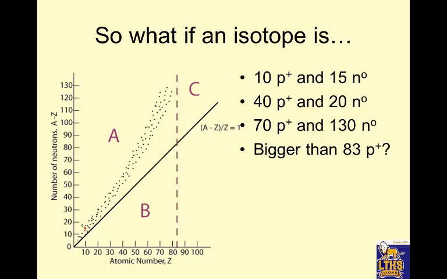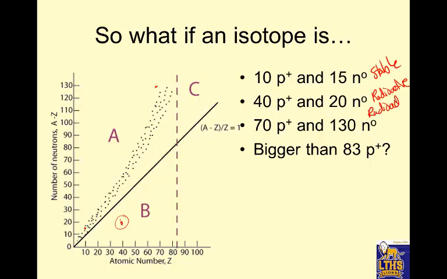Oh, that looks pretty stable, so it's not going to decay. What if it has 40 protons and 20 neutrons? It's over here. So if that happens, uh-oh, it's not a dot in the band, so radioactive. All right. 70 protons and 130 neutrons. We're way up here. Uh-oh, radioactive.